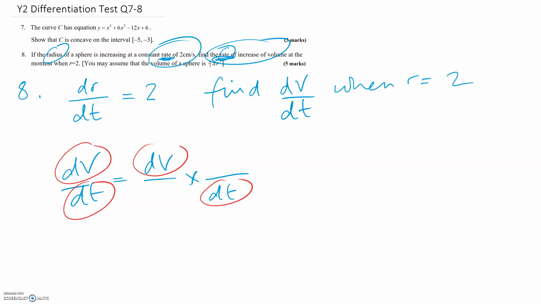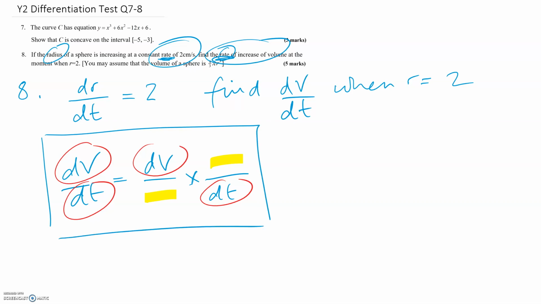Then you need to work out what is the other variable that isn't mentioned yet. That's r, the radius.